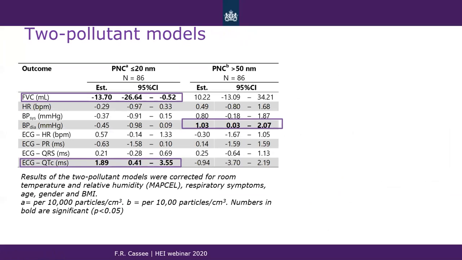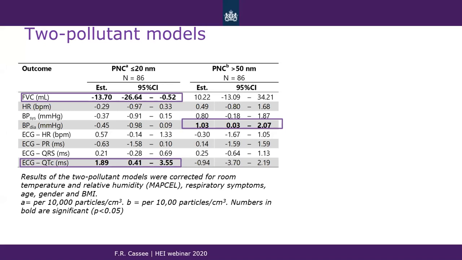We've analyzed the various health effect indicators, and not all were significantly different in terms of the effect. But for lung function, we saw a small decrease, immediately after the exposure, of course, and a delay in the QT segment in a heart function recording.